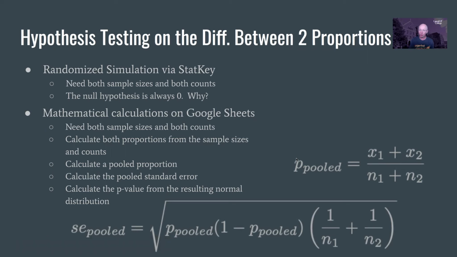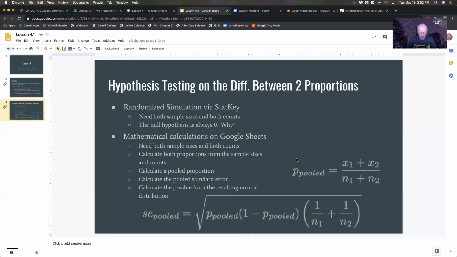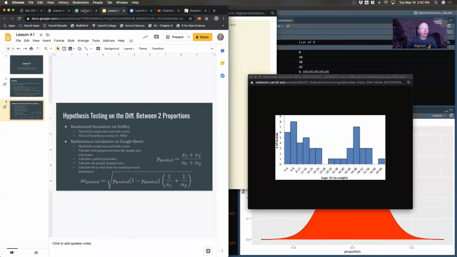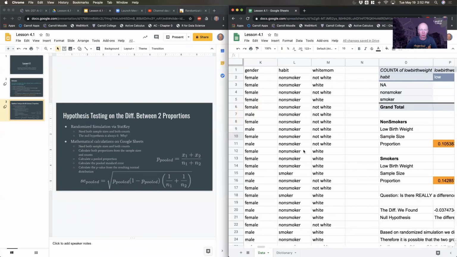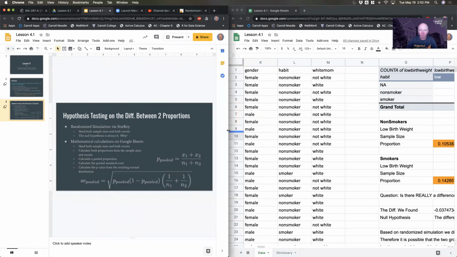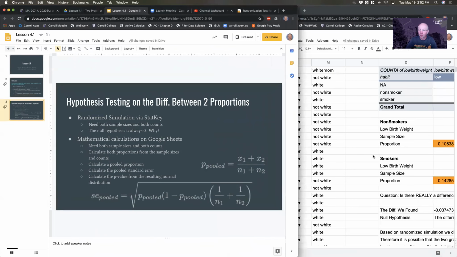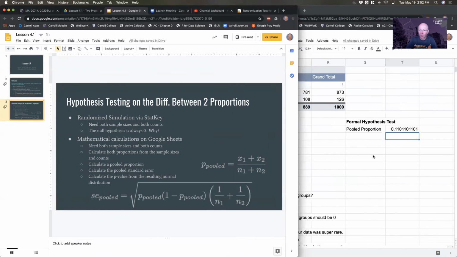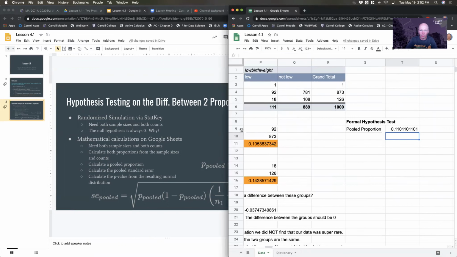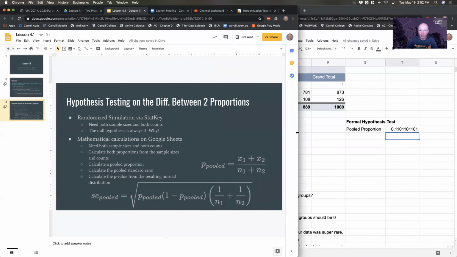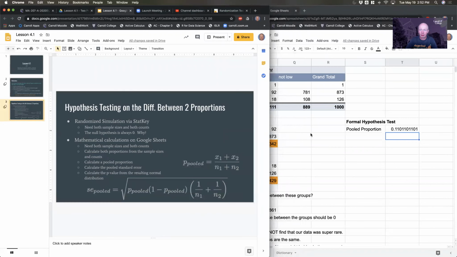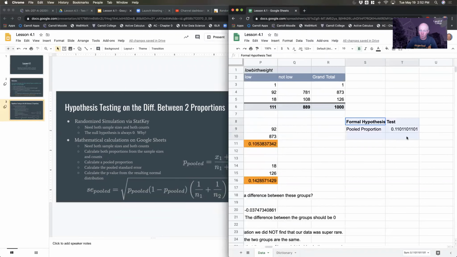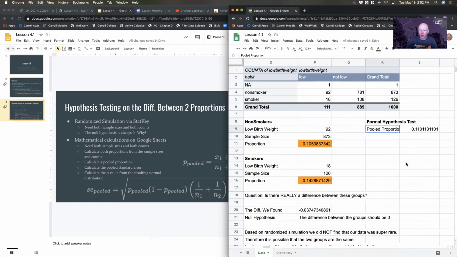So we're just going to put this formula into action, and it tells us how spread out that normal distribution is supposed to be. I'm going to try to get these side by side. Okay, I think that's good enough.